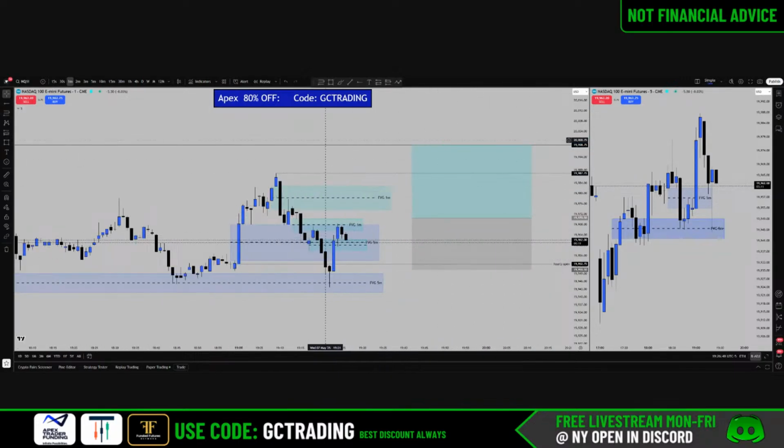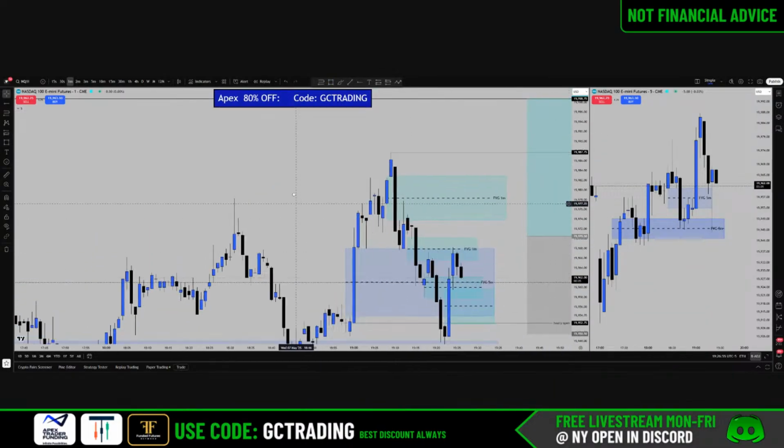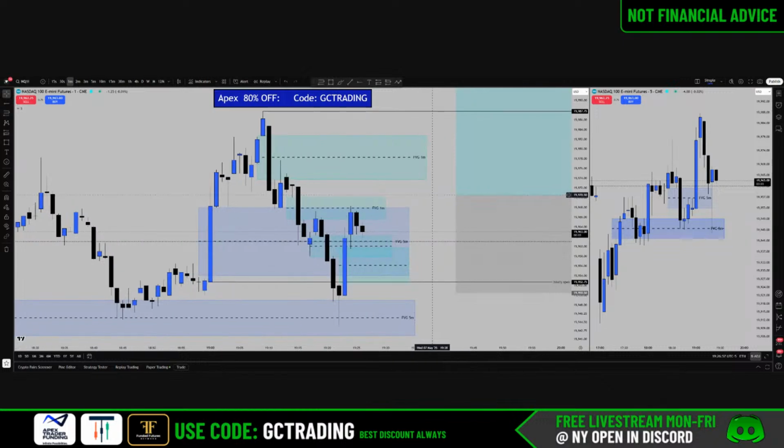The bulls want to see price hold above this 1 minute gap right here. If price doesn't really hold that, what you want to see is something like that maybe.